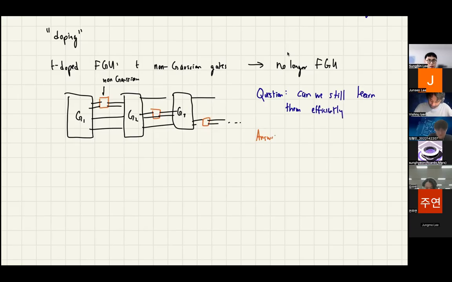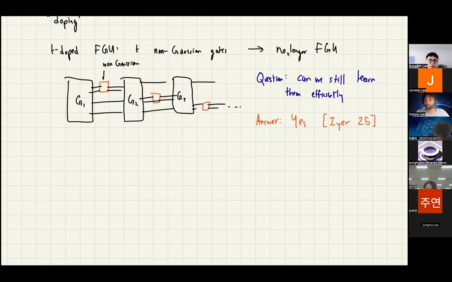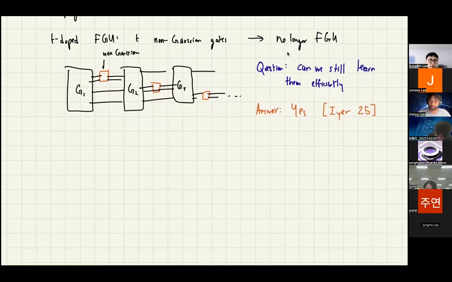The answer is yes. There's a paper by me last year where I solved this problem. I give an algorithm that efficiently learns this, and the time is polynomial in n and exponential in t.